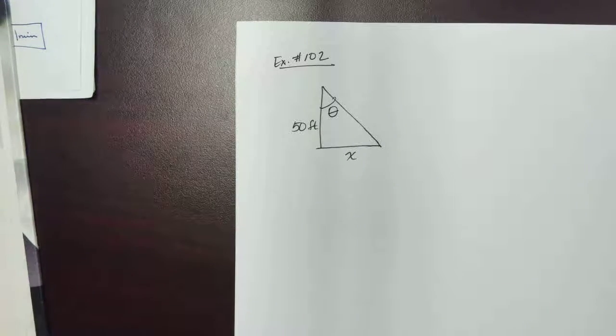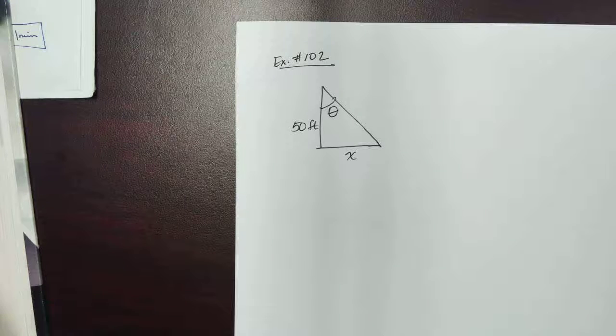Okay. A patrol car is parked 50 feet from a long warehouse. The revolving light on top of the car turns at a rate of 30 revolutions per minute. So that's a rate right there. Something is turning 30 revolutions per minute. What is that? A rate is a derivative. d theta dt.